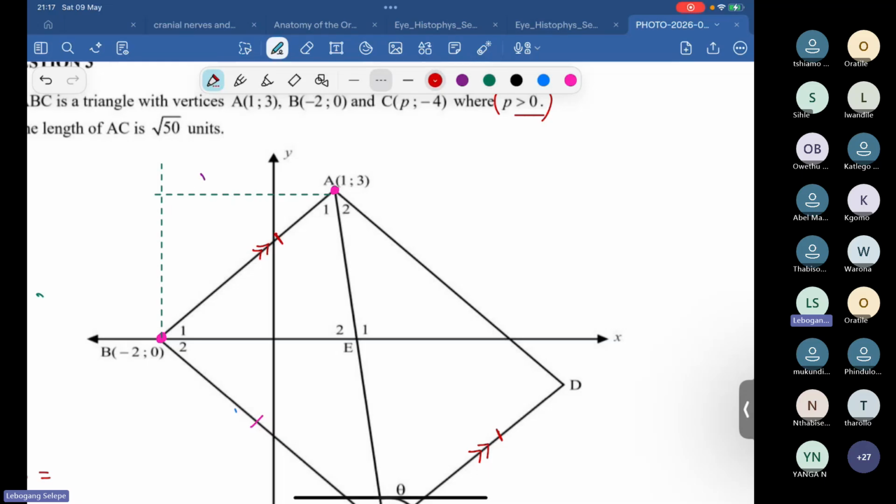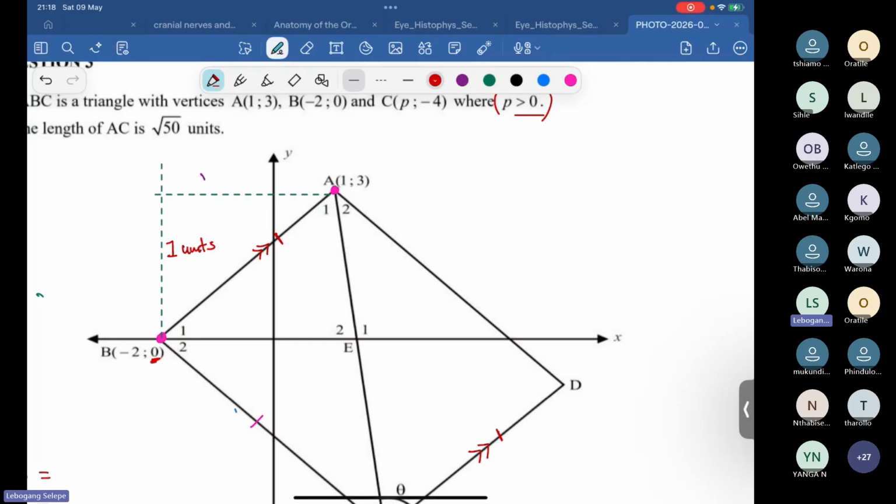So just to check if people are with me, how many units upwards do I have to move from B to A? Perfect. It's 1 unit, right? I'm only moving 1 unit upwards. How do I know that this is actually 1 unit going upwards? You can see that the y value of B is 0.